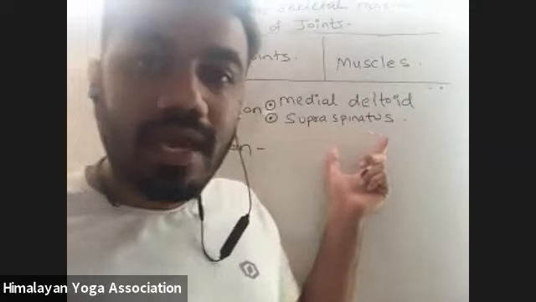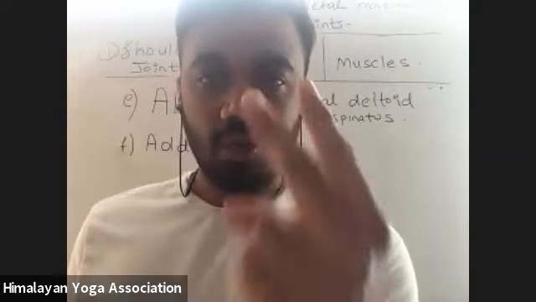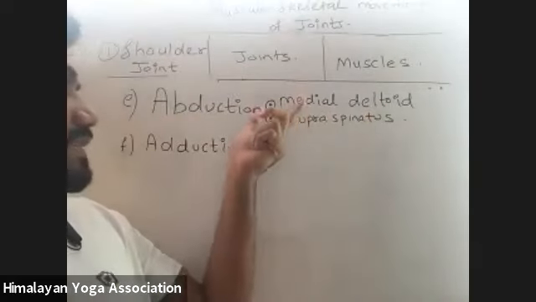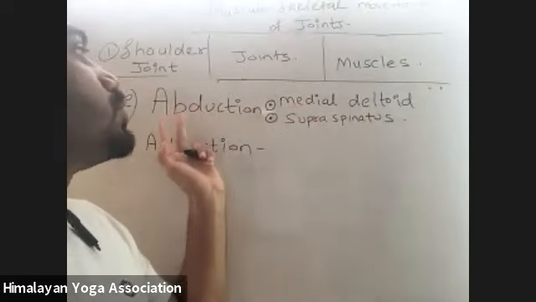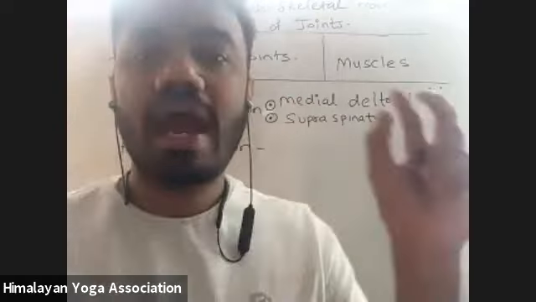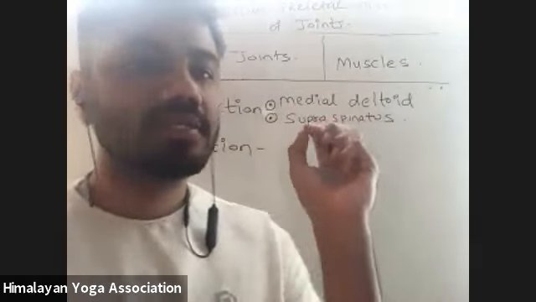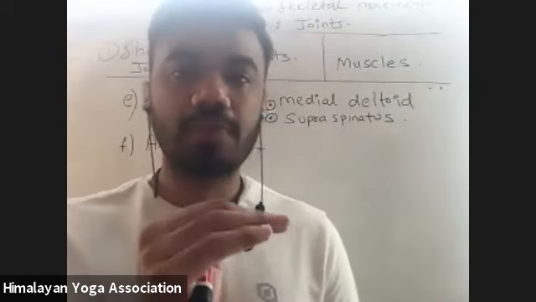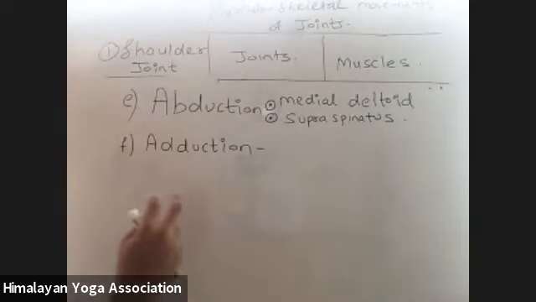So supraspinatus and infraspinatus are two muscles where the supraspinatus will allow the shoulder abduction movement, and the infraspinatus muscle here will allow movement below the shoulder, adduction.